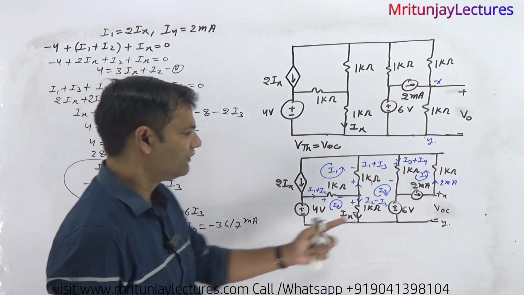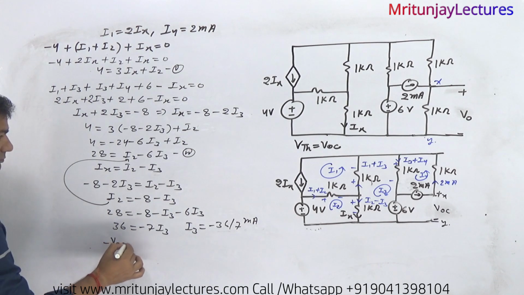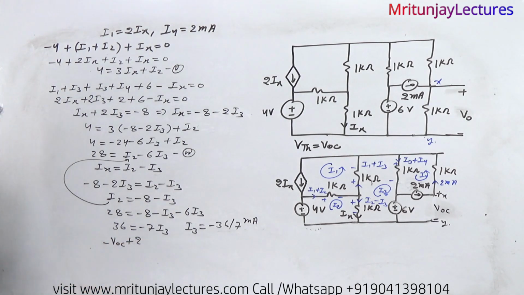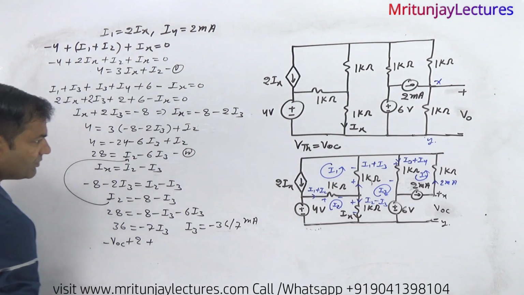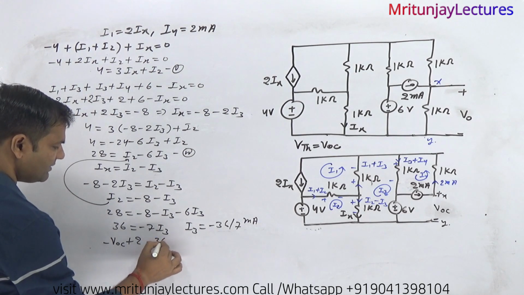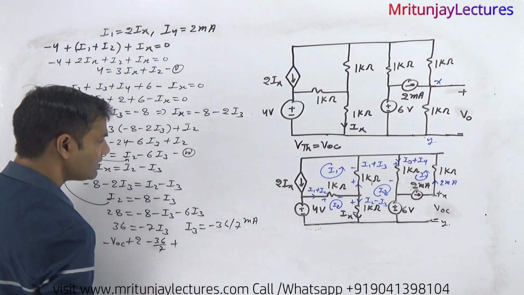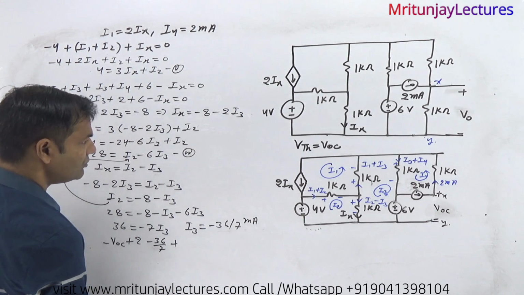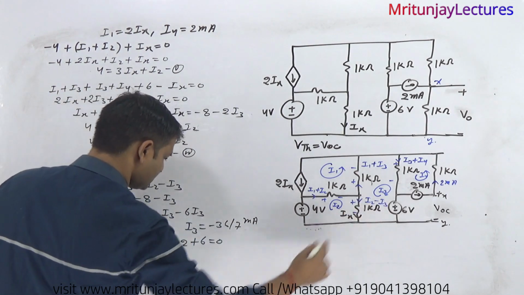Okay, now apply KVL in this loop. Minus 2 plus minus V of OC plus 2 into 1 plus I3 plus I4. I3 is minus 36 by 7, and I4 is 2, and that is 6, plus 6, this will be equal to 0.